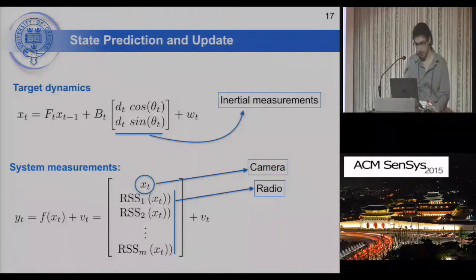As I said, we use inertial measurements for the target dynamics, which are embedded in our motion model. So the predicted location is a function of the previous location plus the heading and the step length. Camera and radio measurements are used in the measurement model, so we can predict what are the expected measurements in some location.